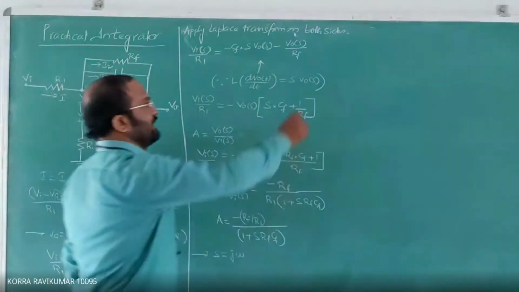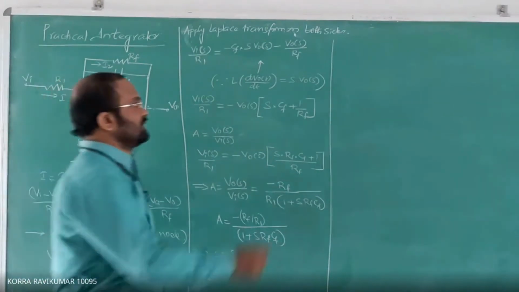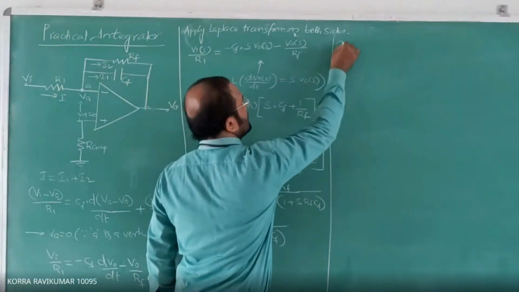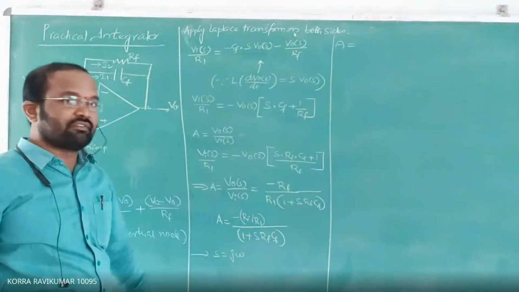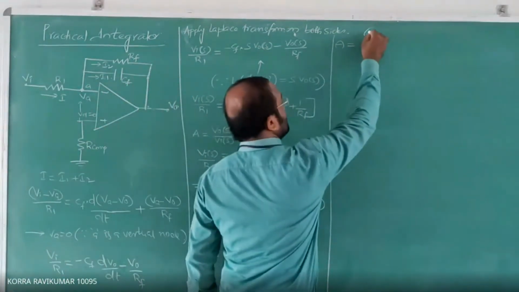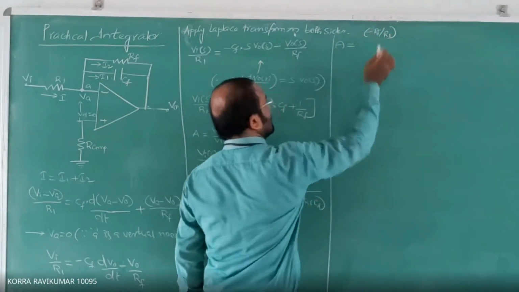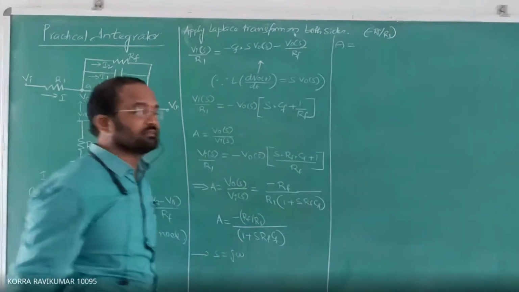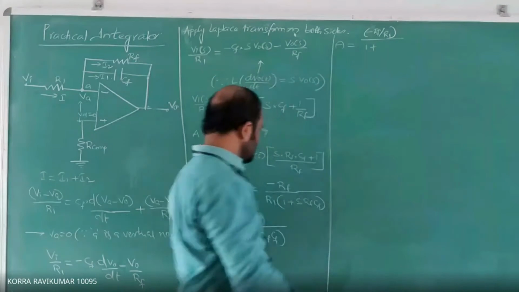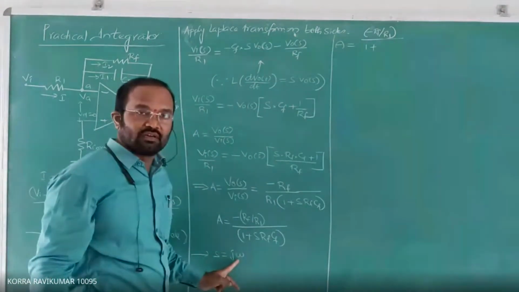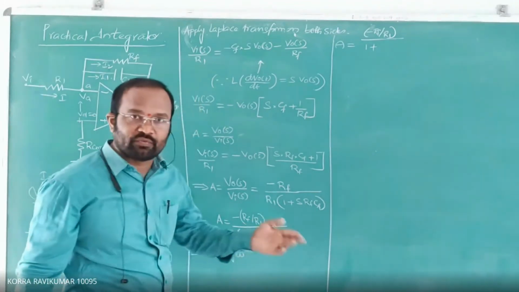Then the expression becomes gain A is equal to minus RF by R1 divided by 1 plus s, where s is equal to j omega, because we are converting the Laplace domain to the frequency domain.